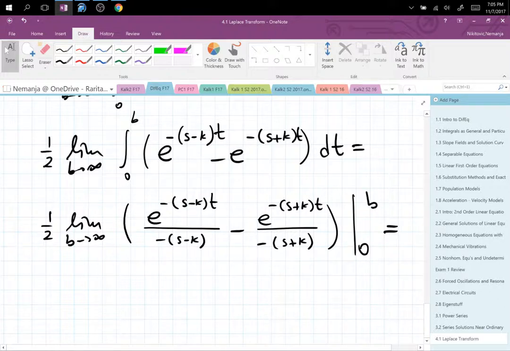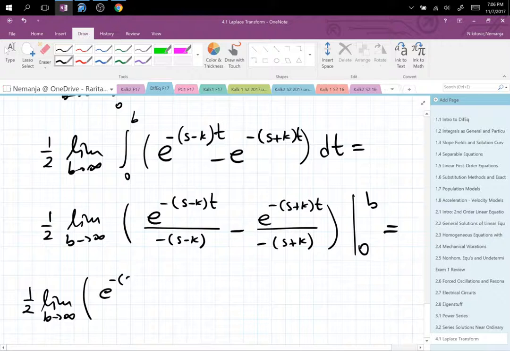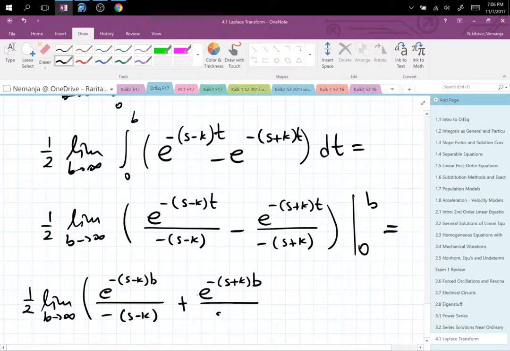Now we plug in all the b's for t's, and then plug in all the zeros for t's. So we have 1/2, limit as b goes to infinity, of e to the negative s minus k b over negative s minus k, minus, and minus gives you plus, right? These two are plus. e to the negative s plus k b divided by s plus k.